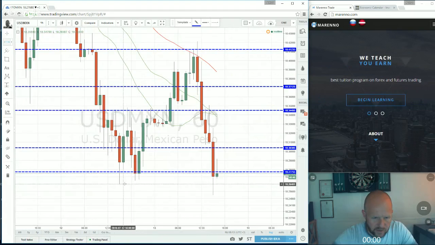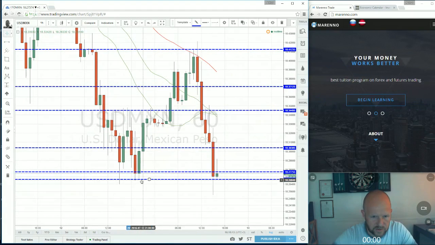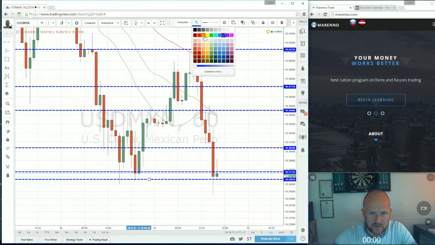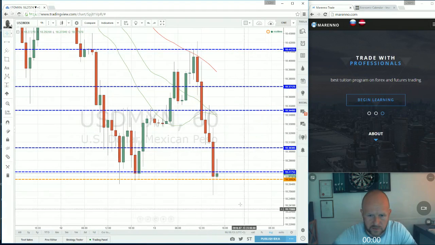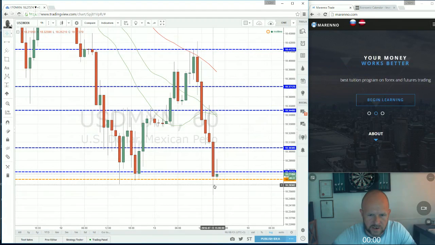We do have lows here, 1, 2, third low. All right, so I'll paint it with a different color, let's say orange. So what we do have here is a false breakout. That's something I don't like.